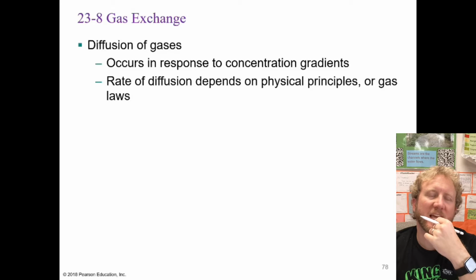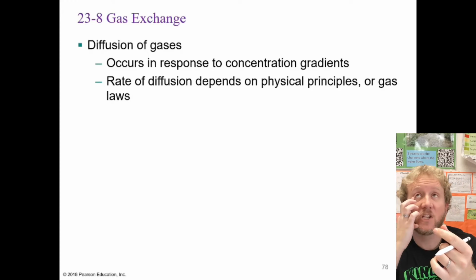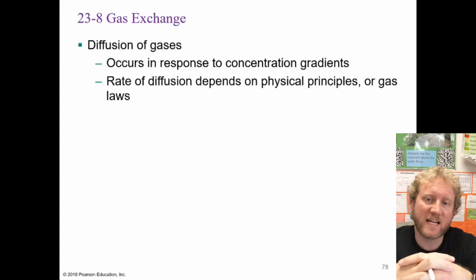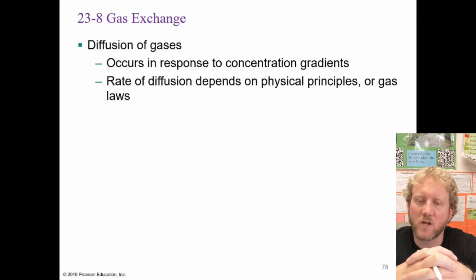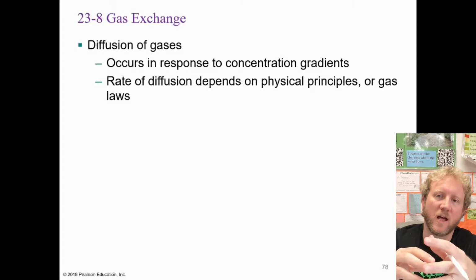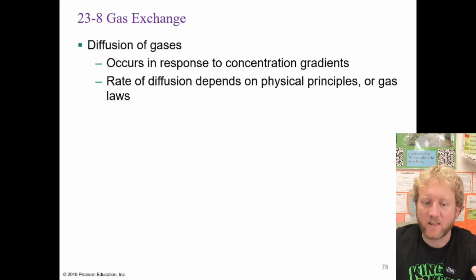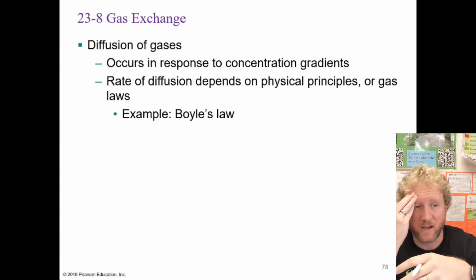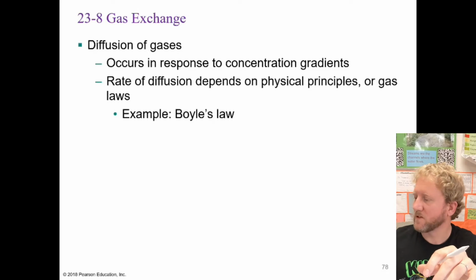So just like how we drive pulmonary ventilation by changing pressure, how much and how fast you diffuse oxygen, for example, into your tissues is going to be dependent upon the pressures and the amount in that particular medium. So Boyle's law, that one that we looked at, the pressure and the volume thing, is going to come into play.